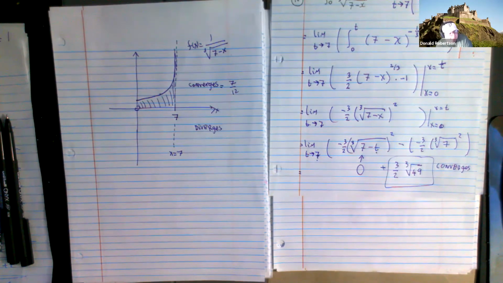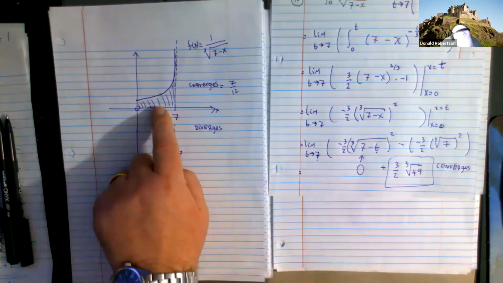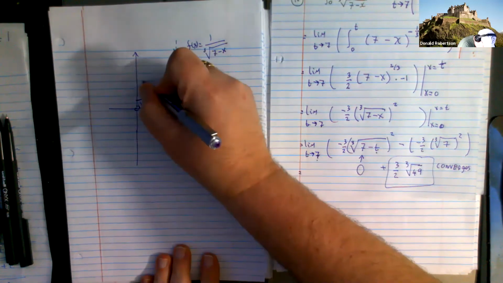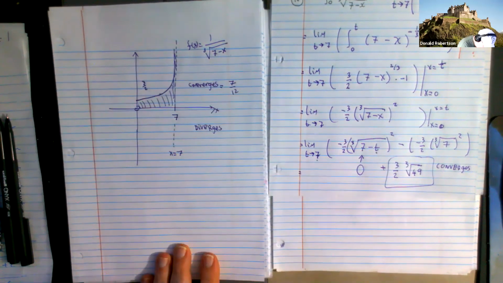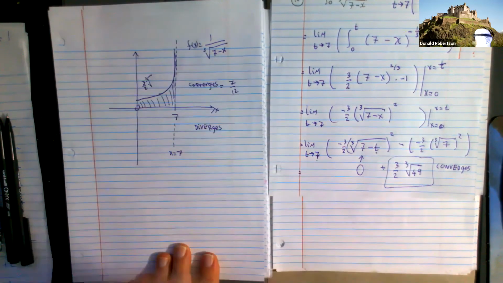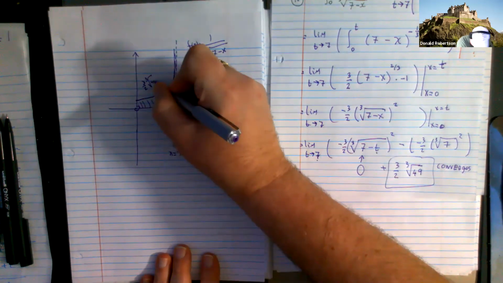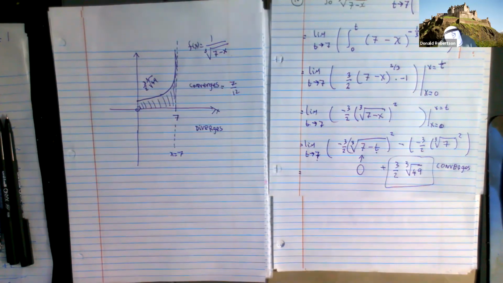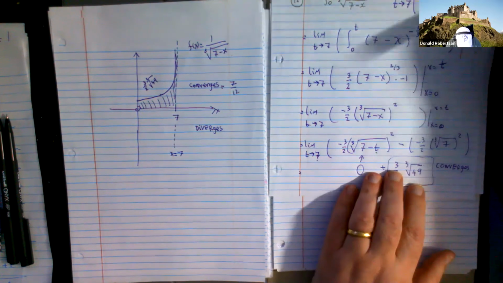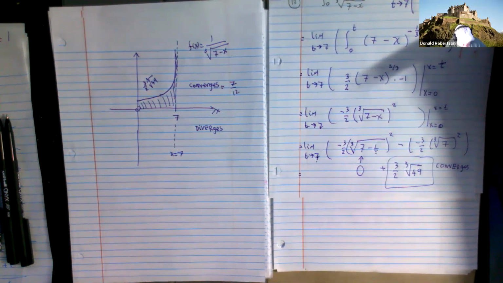So it's a number. That integral there is the number 3/2 the cube root of 49, whatever that is, it's fine. Okay, that's our first example of an improper integral of type 1.